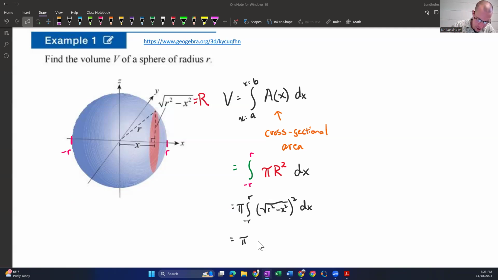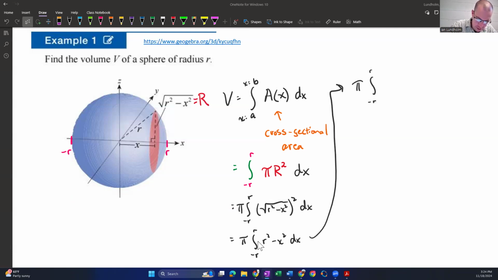I'm going to leave pi. I'm going to do this, negative r to positive r. And then this nicely turns into r squared minus x squared dx. Let's go ahead and bring this all the way up, and then keep going. Now let's take an antiderivative, negative r up to r.